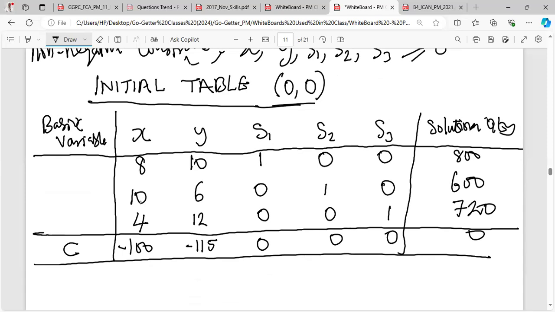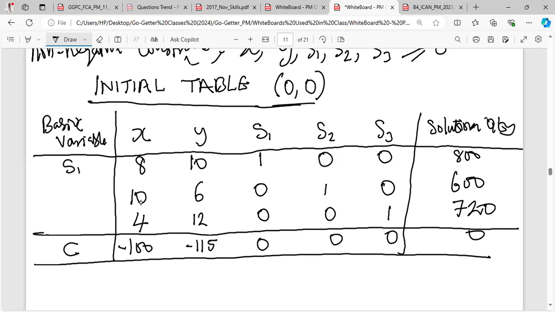There is S1. 1 times S1 is S1. 0 times S2 is 0. 0 times S3 is 0. So S1 is the only surviving thing here that has 1, and so S1 is going to be here.